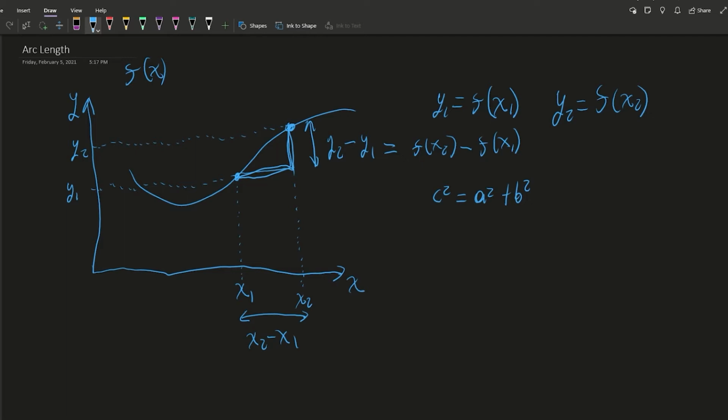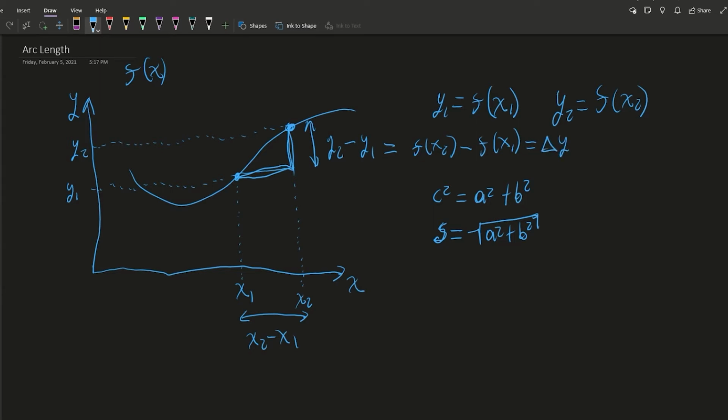For future use, just to make it easier, instead of using c, I'm going to use s. And so in this case, we can solve for s, or c. It equals the square root. We take the square root of both sides, and we're left with a squared plus b squared, right? I also want to change what y2 minus y1 is, and I'm just going to call it delta y.